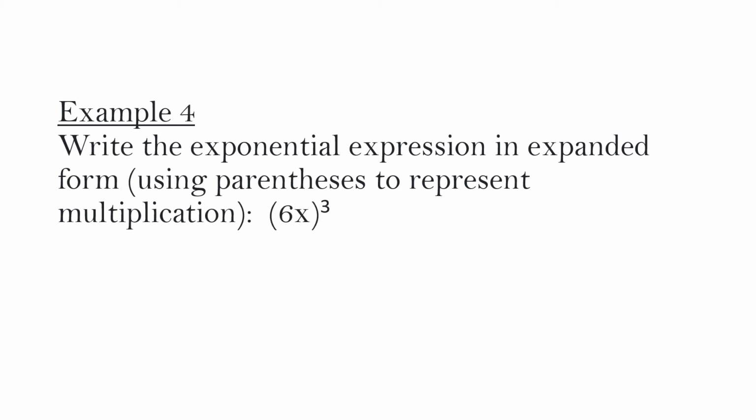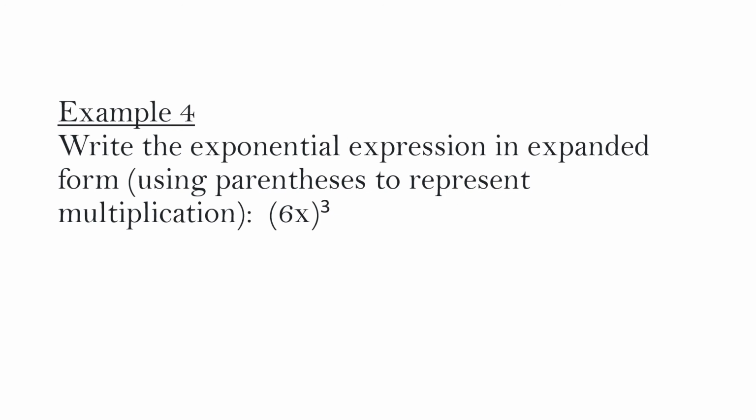All right, lastly, let's look at example 4. Write the exponential expression in expanded form using parentheses to represent multiplication. So here we have in parentheses 6x. And so 6x is the base and 3 is the exponent. This can be said 6x cubed, or it can be said as 6x to the third power.